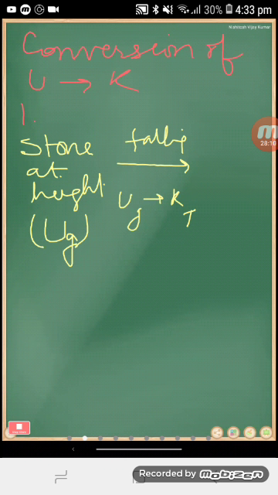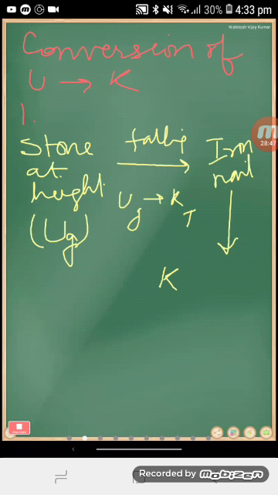Now you have a nail at the bottom. The stone has potential energy stored in it, which gets converted into kinetic energy, and as the stone falls on the iron nail, the kinetic energy of the falling stone is taken up by the iron nail.